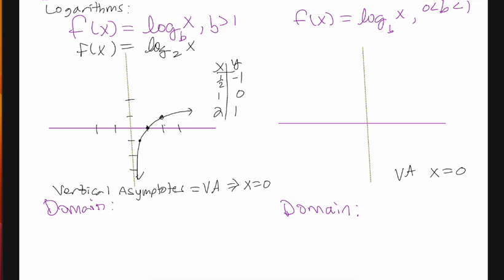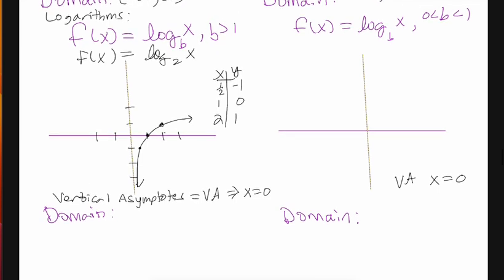So now let's do one where our b is between 0 and 1. So let's do the log base 1/2 of x so that it kind of matches the one above it. So think in your head, if I put a negative 1 power on a 1/2, what happens to it? It flips it. So that becomes a 2. What power did I just use? Negative 1.